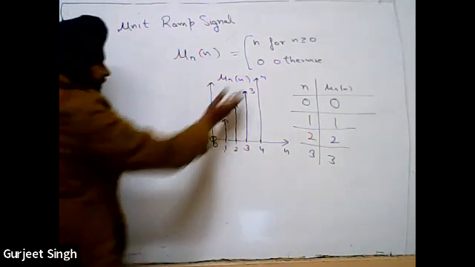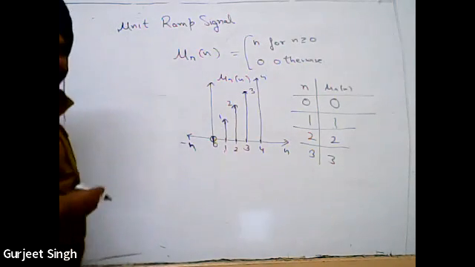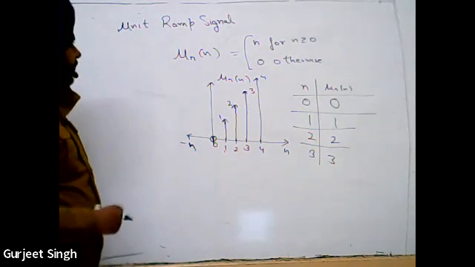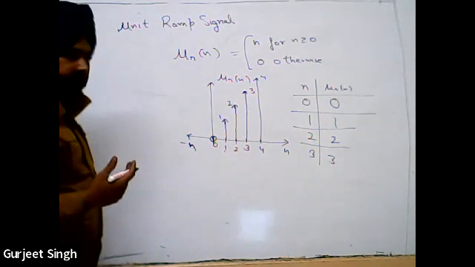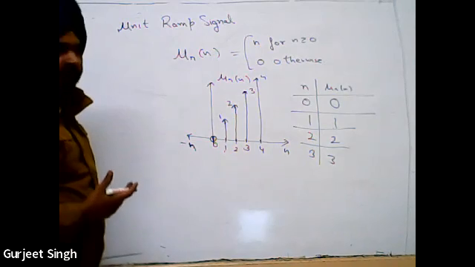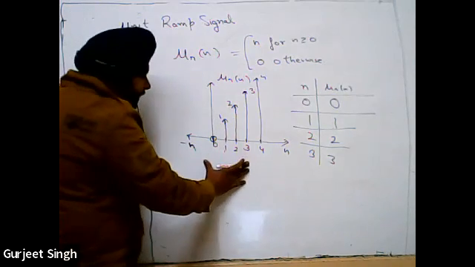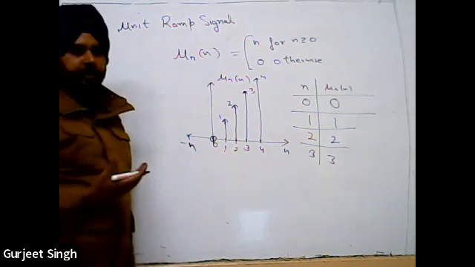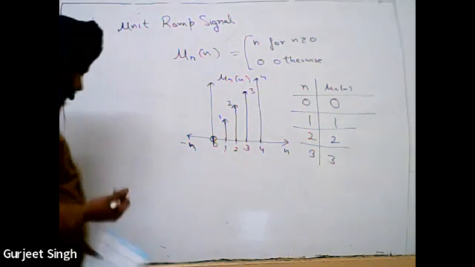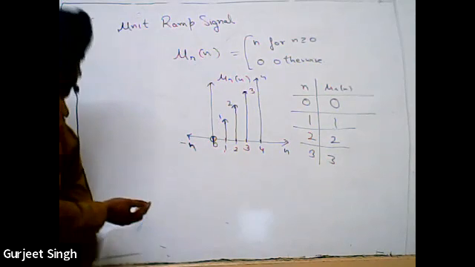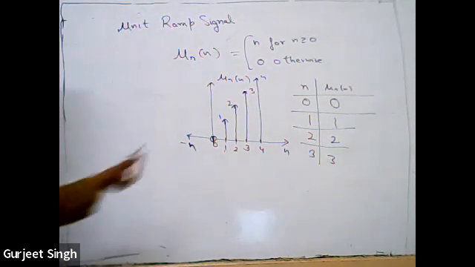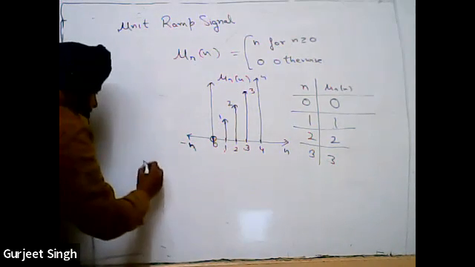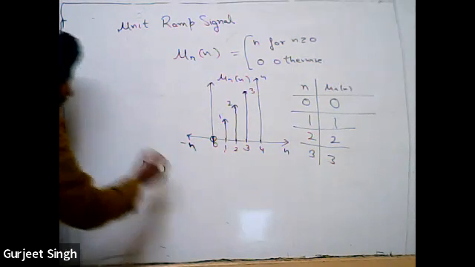This is like a ramp signal. This is how it is represented for the discrete type of signal. This is the graphical representation, and this is the mathematical representation of the unit ramp signal. Now for the continuous type, we represent this signal by the small r(t).